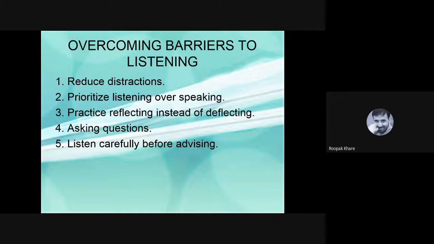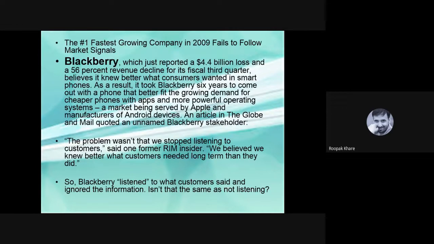That not only helps you understand the topic better, but at the same time the person in front would also believe that you are listening attentively. So ask questions and listen carefully before advising. There is something that you want to convey to people, but before that you should listen carefully before you open your mouth, right? So overcoming barriers is about these 5 points.